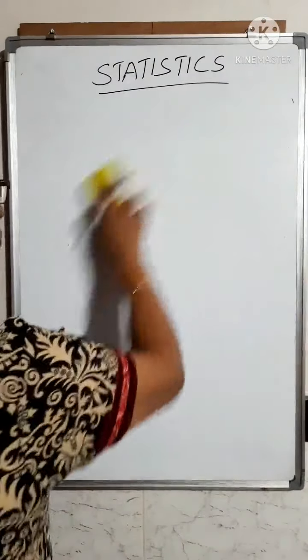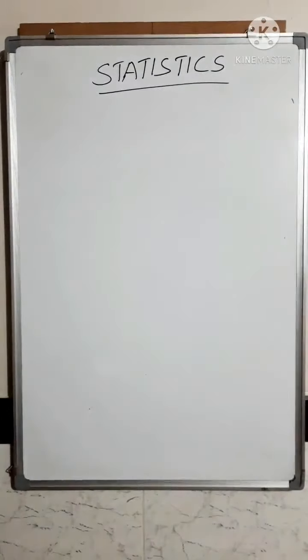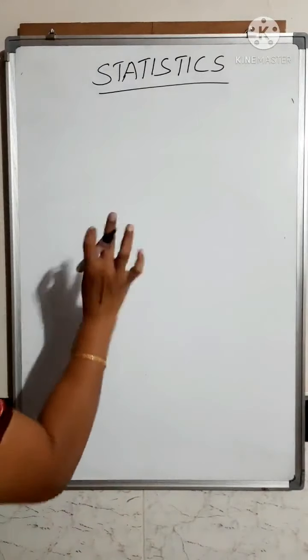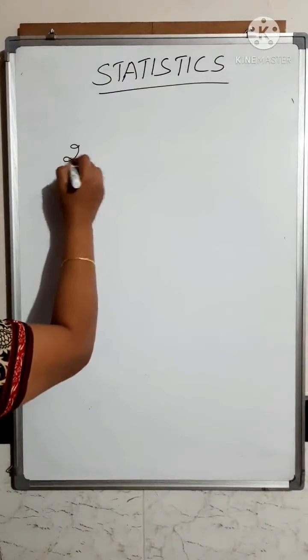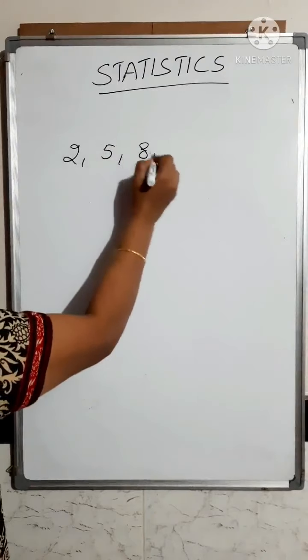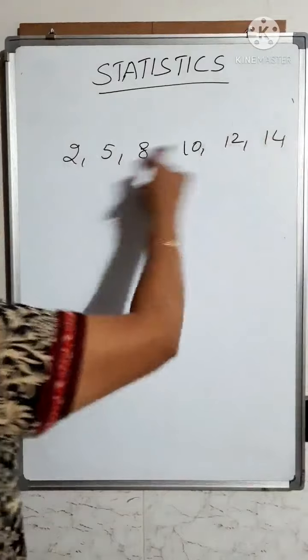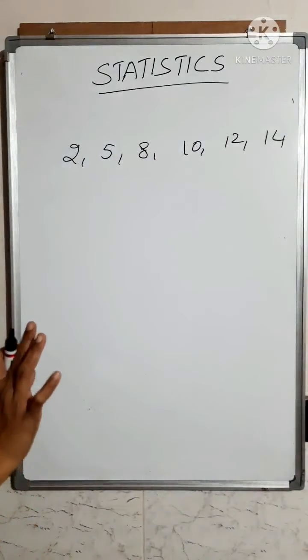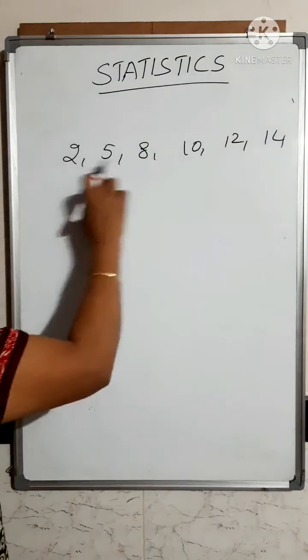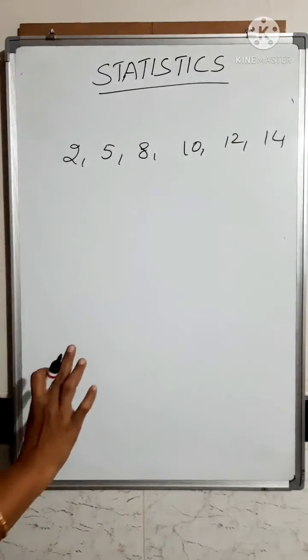Any set of scores that is given, first thing is you have to arrange them in the ascending or in the descending order. So 2, 5, 8, 10, 12. I have already arranged in the ascending order. So the scores have to be arranged in the ascending order.